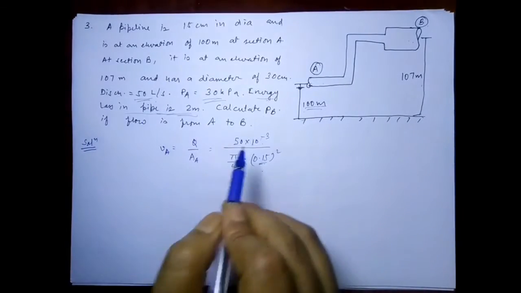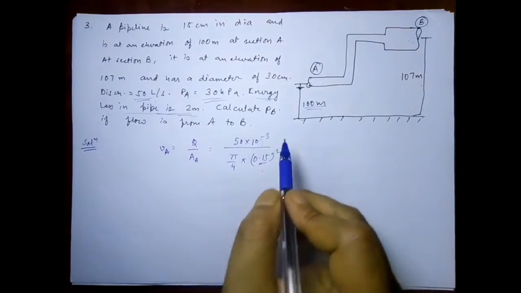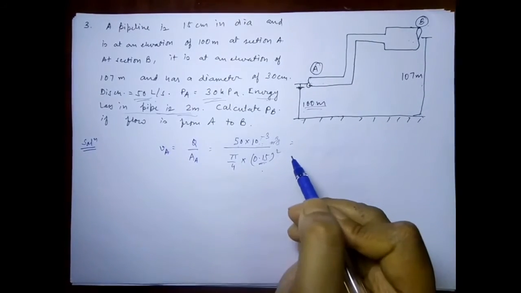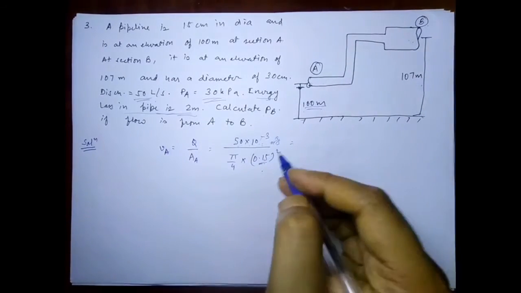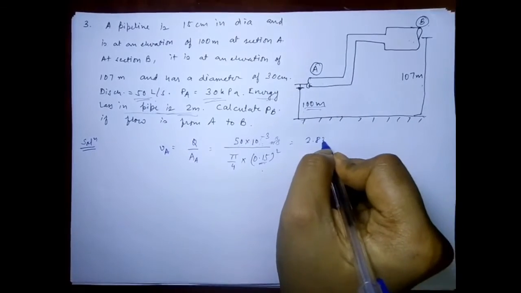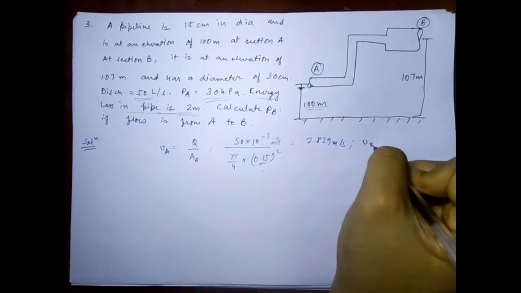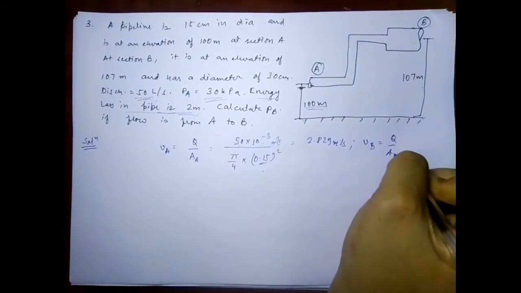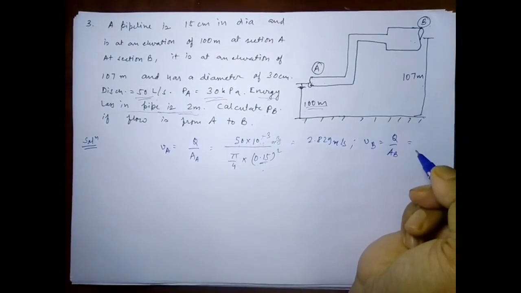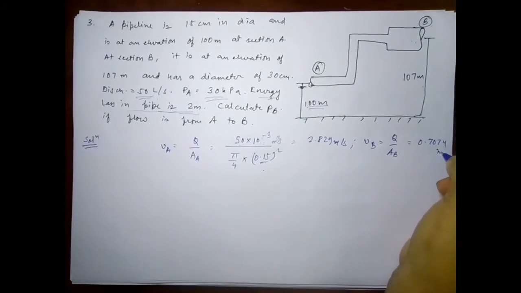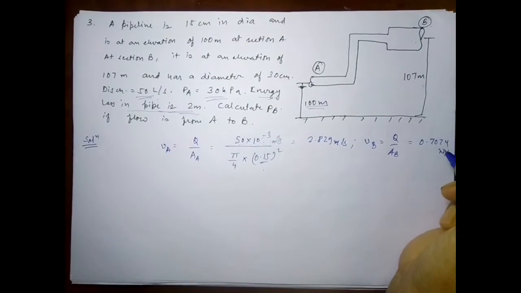Also 50 liters per second becomes 50 into 10 to the power minus 3 meter cube per second, and therefore velocity at A is 2.829 meters per second. Similarly, velocity at B is Q upon AB, and that is equal to 0.7074 meters per second.